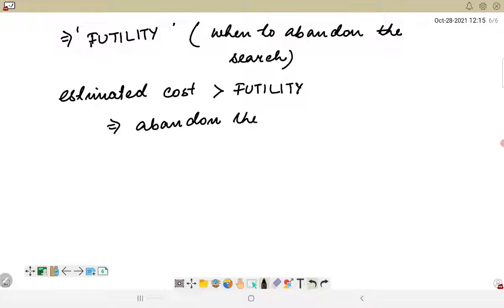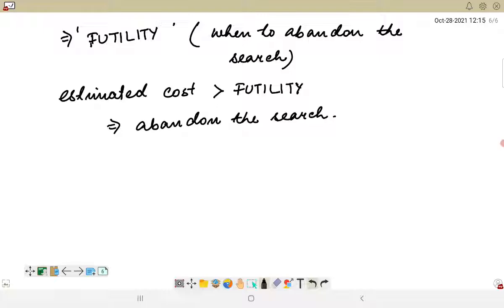Now we have to understand that futility should be chosen to correspond to a threshold such that any solution with a cost above it is too expensive to be practical, and if it could ever be found, it will be of not much use.